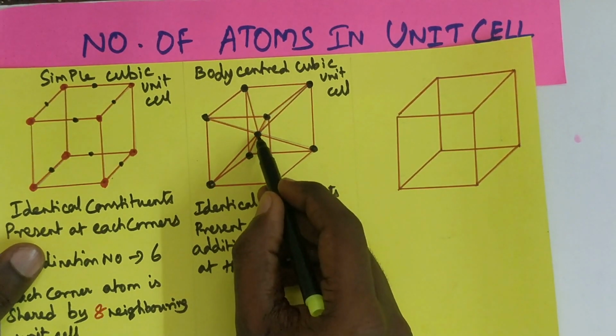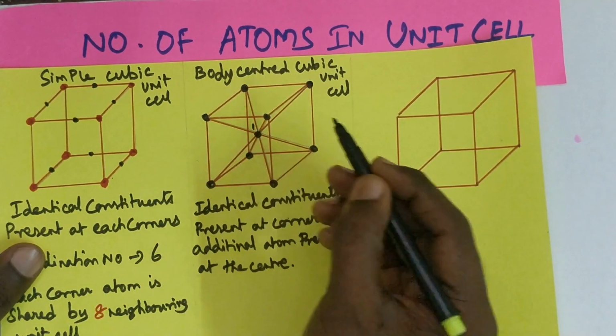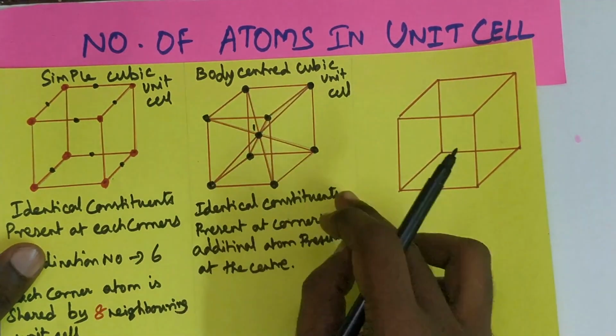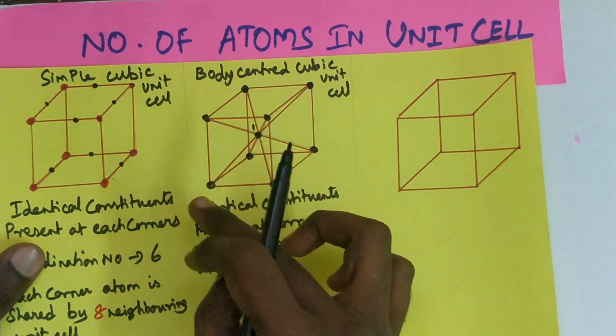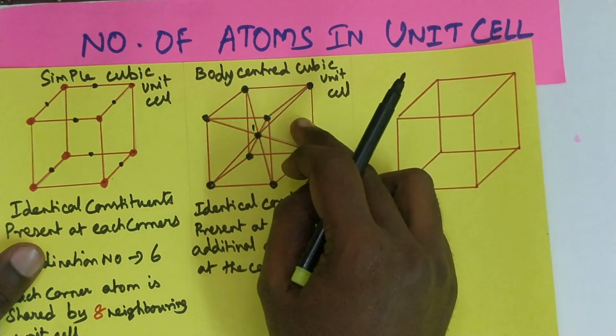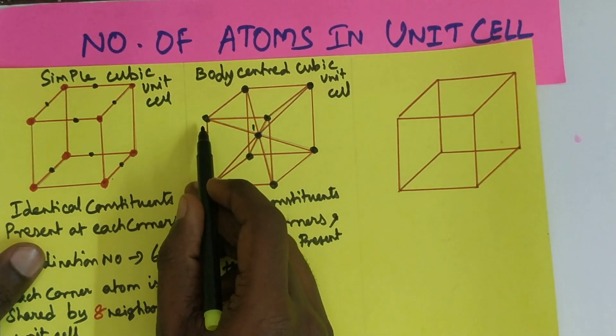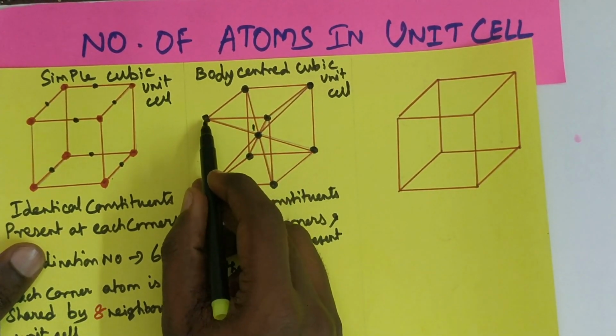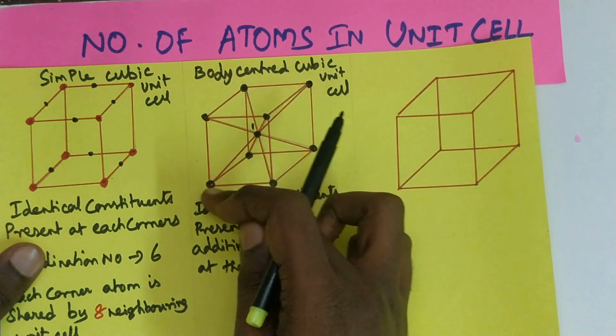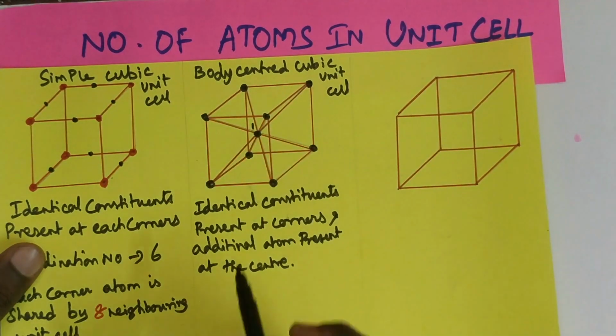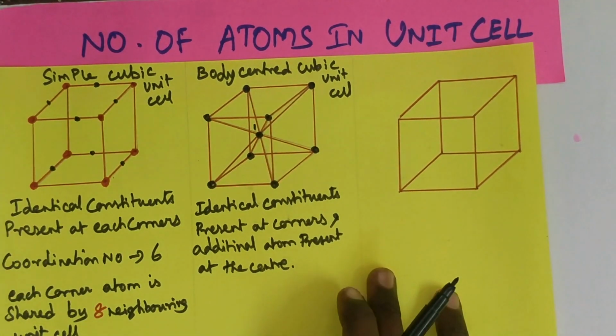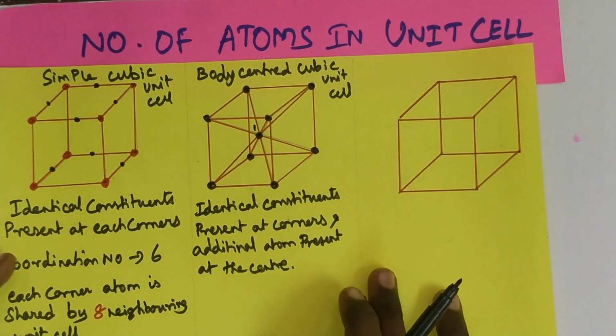Suppose you consider the body centered atom and count the number of nearest neighbors: 1, 2, 3, 4, 5, 6, 7, 8. So 8 atoms. Similarly, you count for a corner atom: 1, 2, 3, 4, 5, 6, 7, 8.